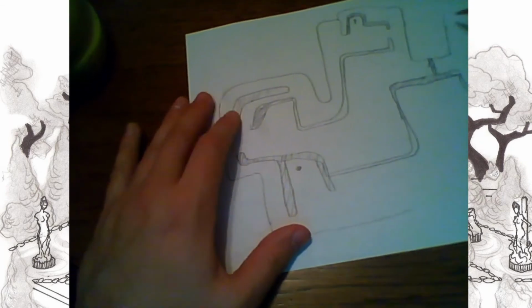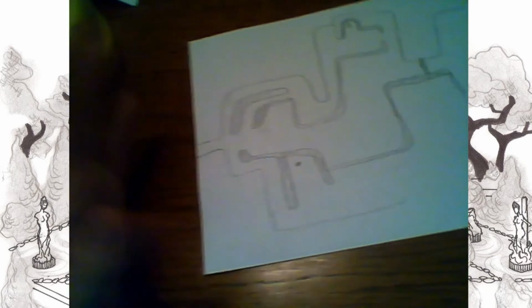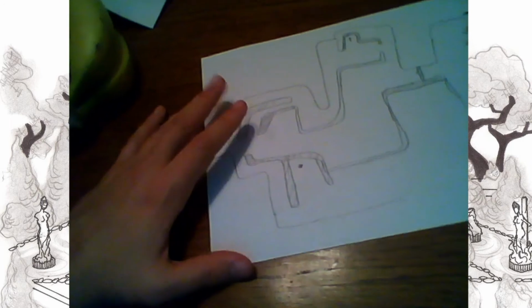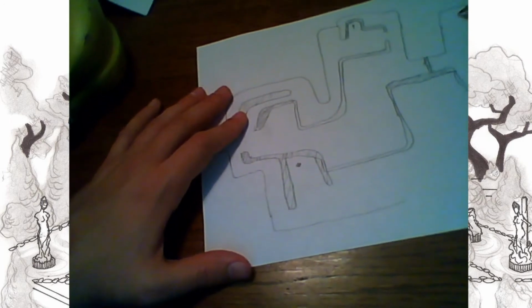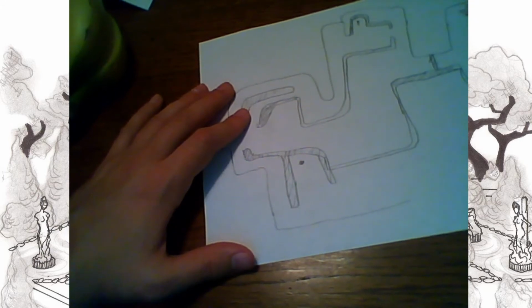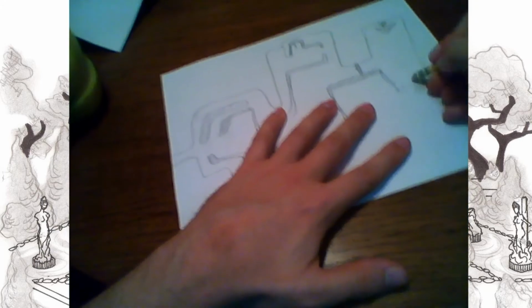Let's say at the end of the maze, this whole maze is in a cave, I guess, because he went in the cave, but let's say at the end of the maze there's an airplane, because, why not? And this is a runway.